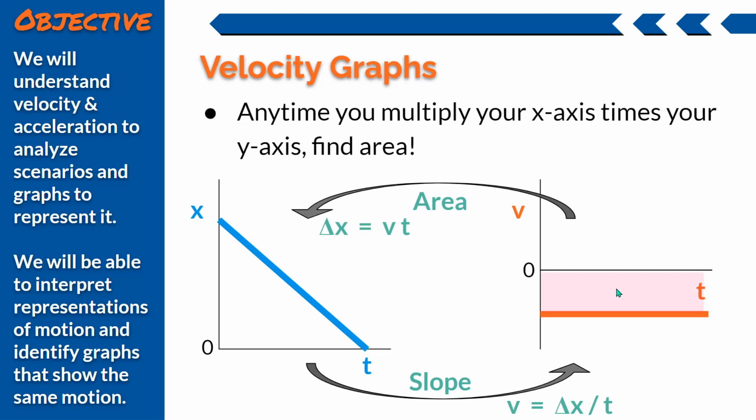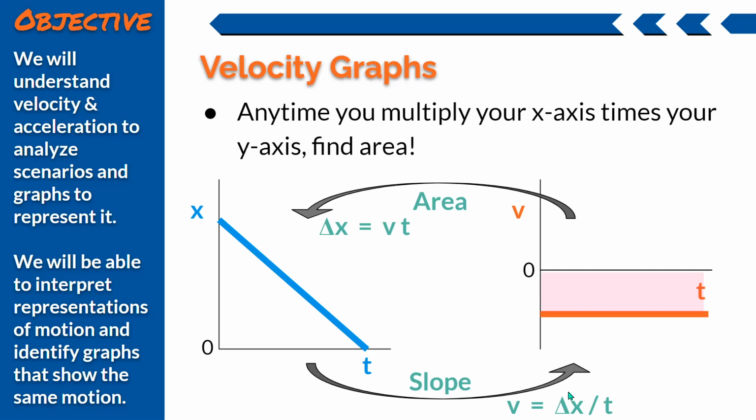You can also go from a VT graph and use information here to tell you about your XT graph by finding the area. I talked about this in the first week, when we talked about area under the curve on your graph. The area here would represent the displacement of an object, because the area, length times width, would be the velocity times the time.